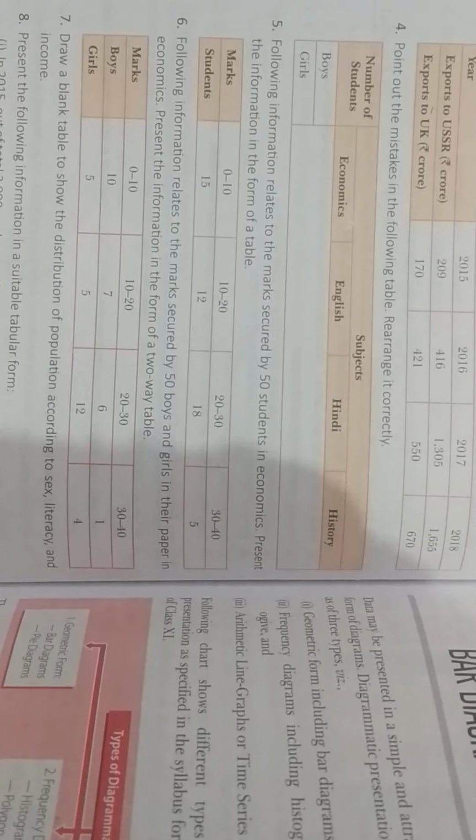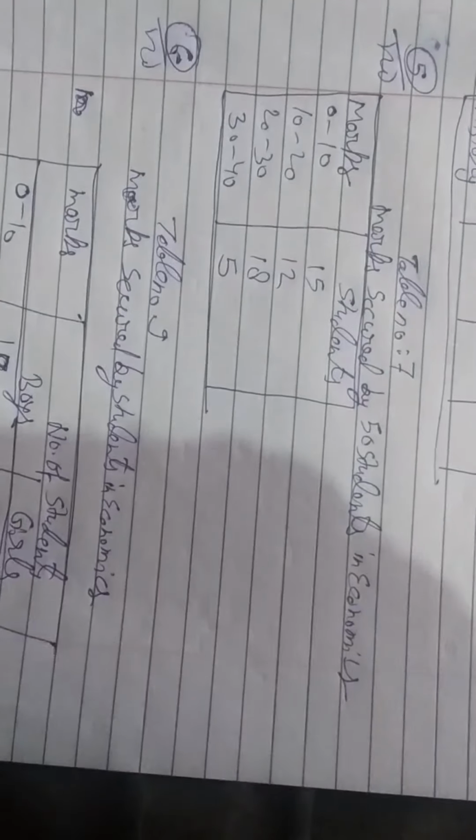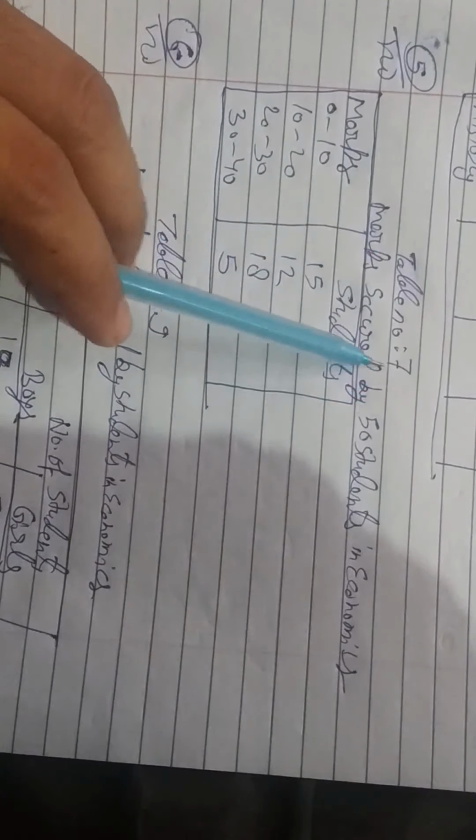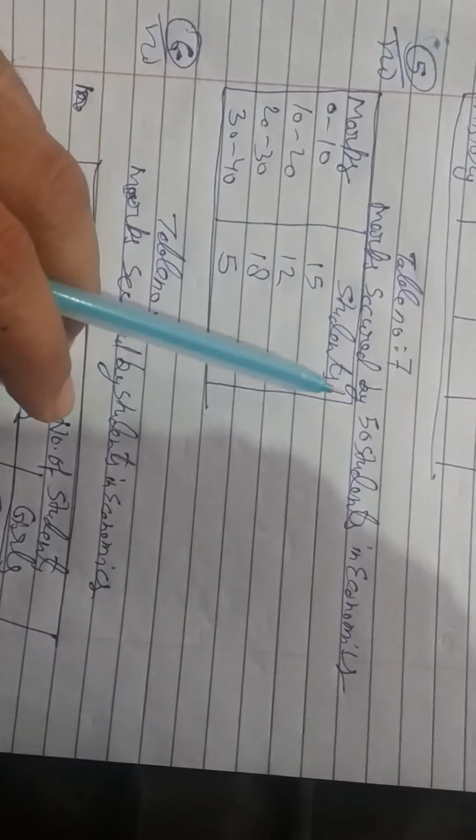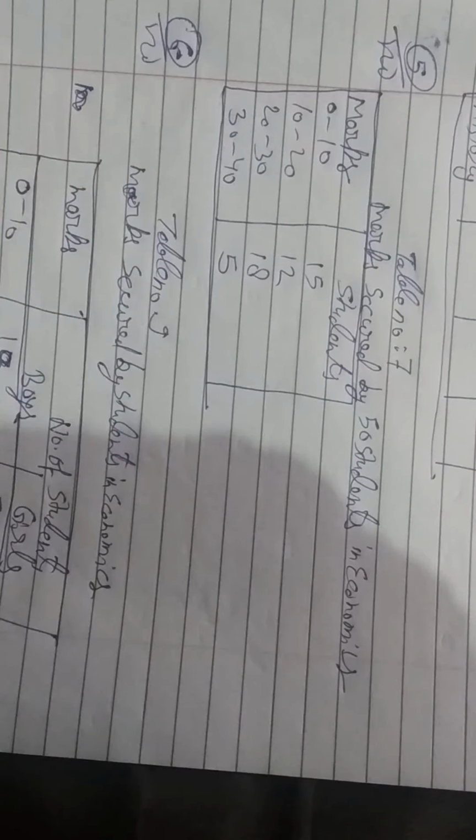Now what we need to do, we need to present this data in the form of a table. So what we do, first we'll write table number 7, marks secured by 50 students in economics. Then we'll make two columns, marks and students.